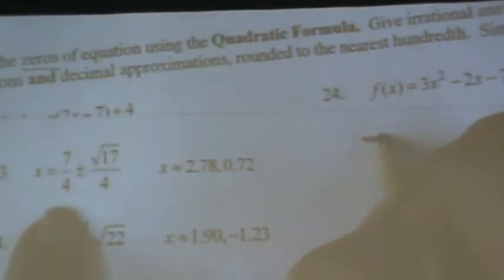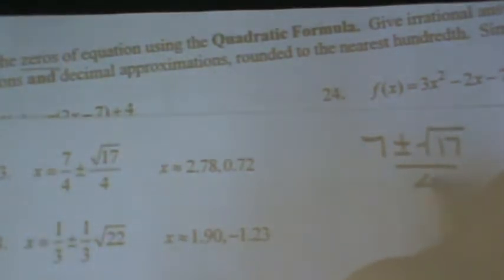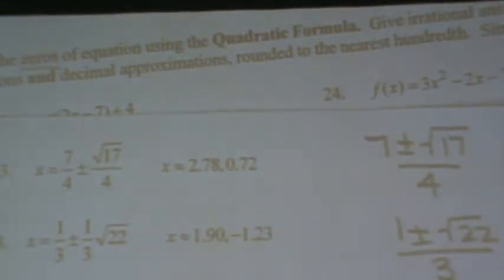You don't have to have it broken up. So what would the answer for 23 look like? It would be 7 plus or minus root 17 over 4. And for 24, you should have 1 plus or minus root 22 all over 3. Everyone good with that? You just have to practice your quadratic formula.